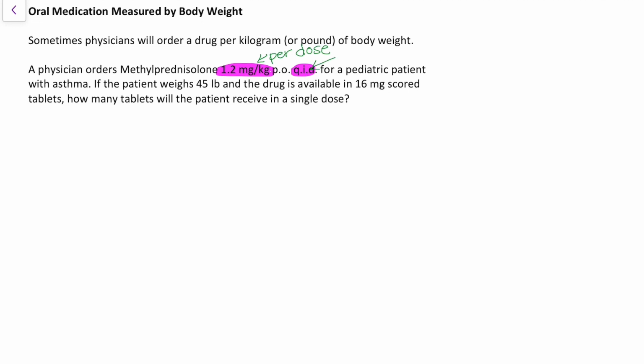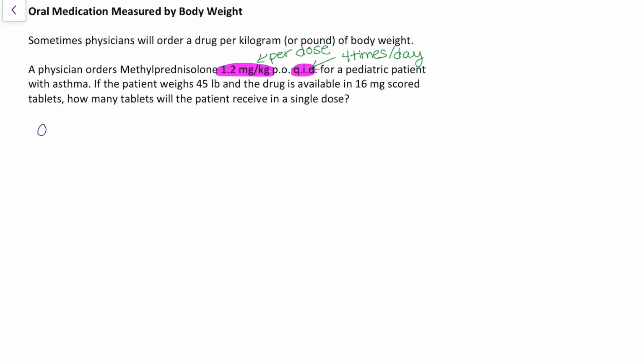So that means 4 times a day. For a pediatric patient, so a child with asthma, if the patient weighs 45 pounds and the drug is available in 16 milligram scored tablets, how many tablets will the patient receive in a single dose?